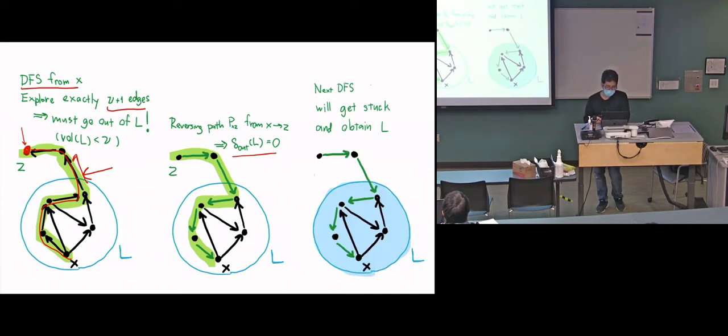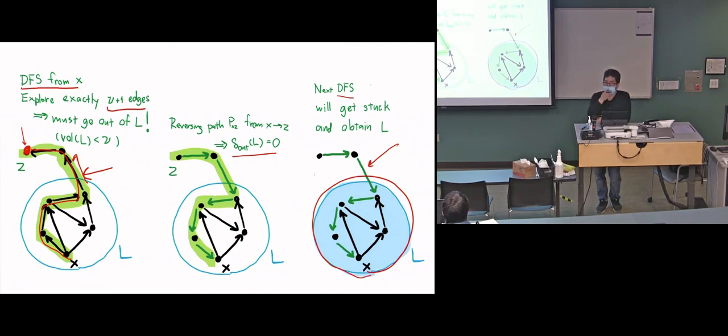Now suppose you do the DFS again in the graph after you flip the path. What will happen? You will get stuck. You cannot go out anymore, because the only edge that you could go out through is now flipped. So you get stuck, and wherever you get stuck, you detect such a set L.